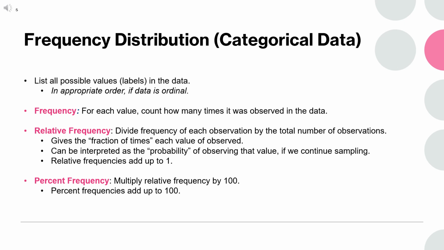For instance, if Diet Coke was purchased 8 times out of 50 total purchases, its relative frequency would be 8 divided by 50 is equal to 0.16. This relative frequency can also be interpreted as the probability of observing that value if we continue sampling, meaning that there's a 0.16 chance of purchasing Diet Coke based on this sample. Importantly, the sum of all relative frequencies in the dataset will equal 1.